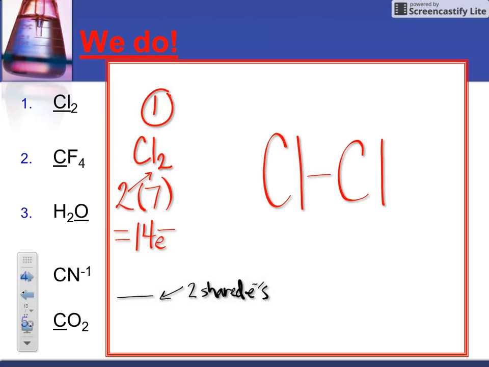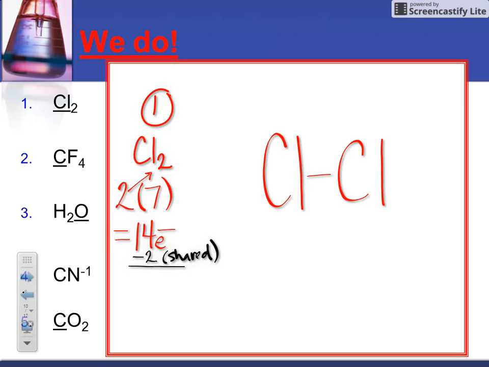So right now, this single bond that we have on chlorine is 2 electrons that I've used so far. So count up how many electrons you've used when you connect your atoms. We've used 2. And come back to your total and subtract: 14 minus 2. These are the 2 that are shared between the atoms.